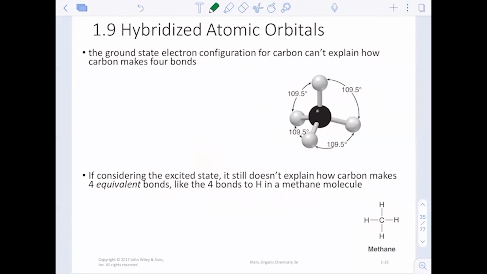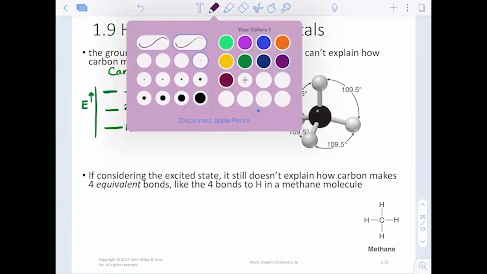Now, with hybridized atomic orbitals, what we really want to be able to say is this. When we think about carbon and its orbital diagram, let's just look at it here, with energy increasing along the y-axis. We have the 1s, 2s, and the 2p. We'll do it for carbon, since he's our favorite child.